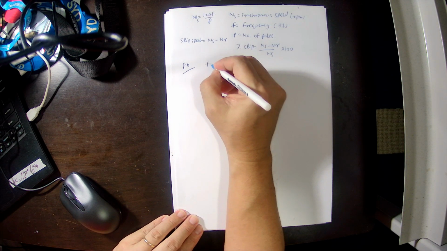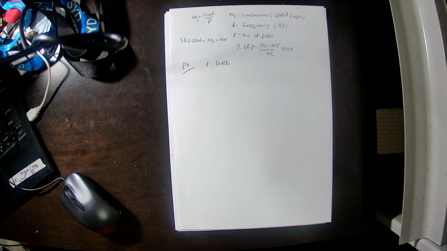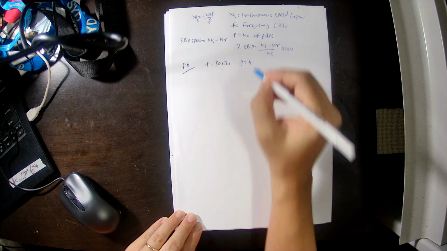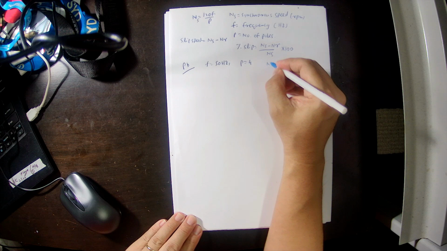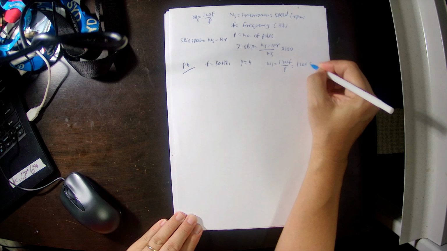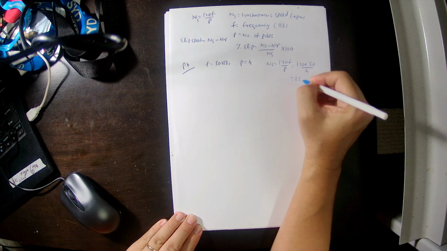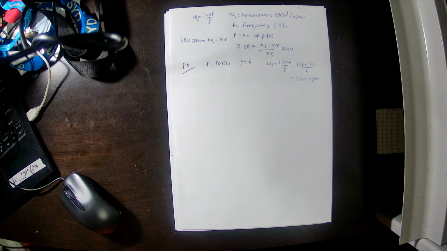In this case, given the motor frequency 50 Hz and 4 poles, we calculate the synchronous speed. Ns equal to 120 F divided by P, so 120 times frequency 50, number of poles is 4. You get 1500 RPM. The motor is running at 1500 RPM.